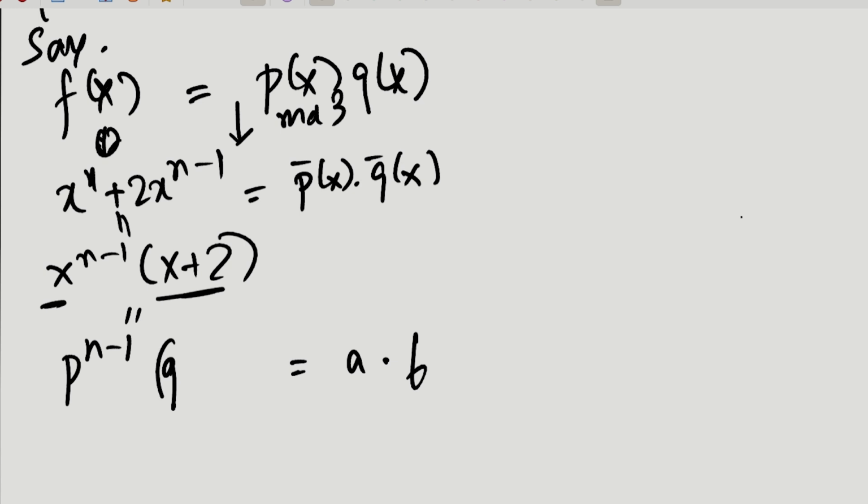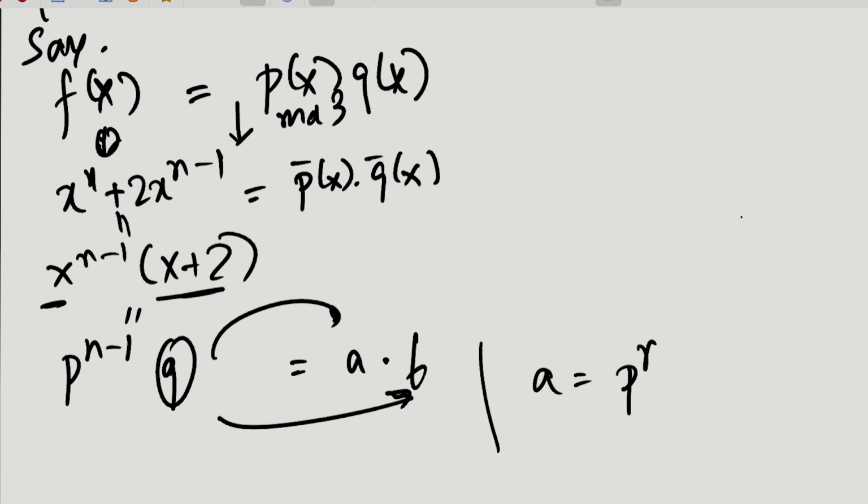All you could say is that this q sits inside one of these two guys, which one is of no concern to us, and the rest is just p to the n minus 1 splitting somehow, which implies that without loss of generality, I can say that a is some p to the r times q, and b is p to the s, where r plus s is equal to n minus 1. Right? The p splits into some smaller powers, and q goes with one of the guys.